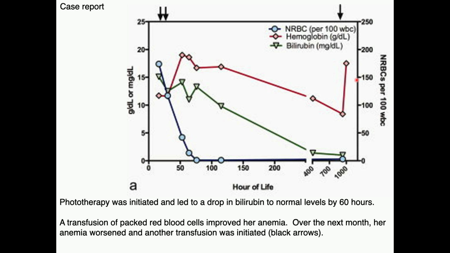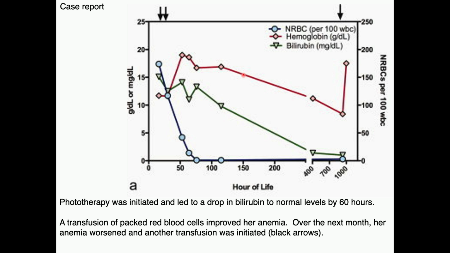So phototherapy was initiated, and the green line here is the bilirubin, and that decreases. She also had 2 transfusions, and that corrected her anemia. The hemoglobin is the red line here. And then the nucleated red blood cells, as the anemia is corrected, those decrease as well. Okay, so that was good.